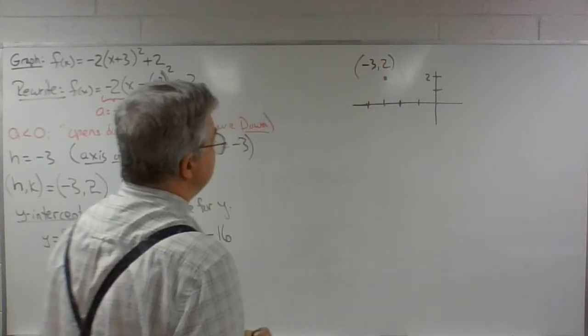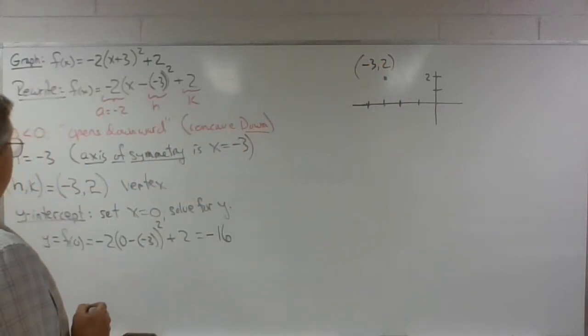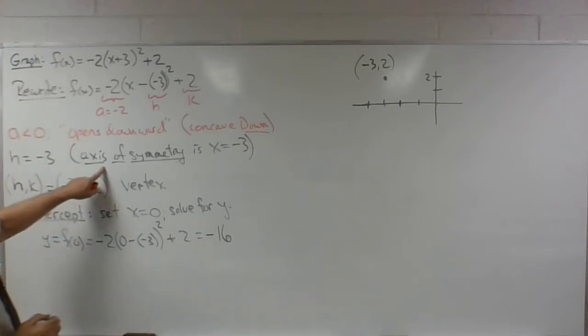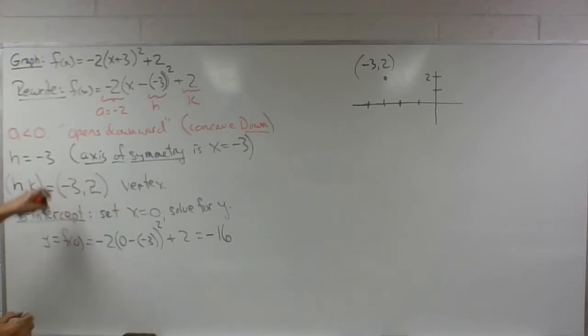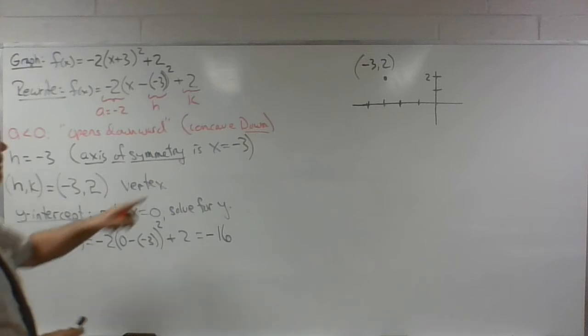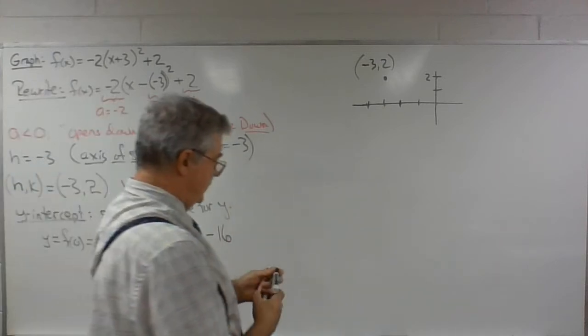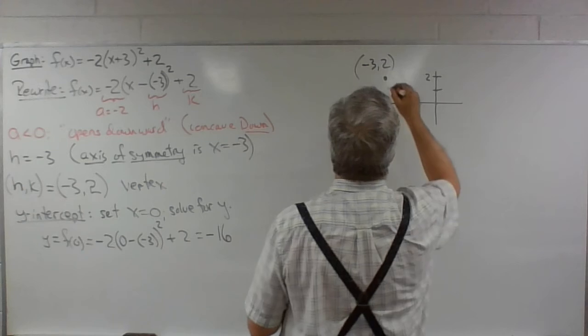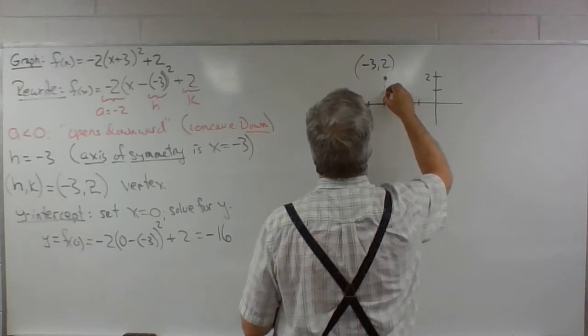There's our vertex, and our axis of symmetry is x equals negative 3. So let's draw that axis of symmetry here.